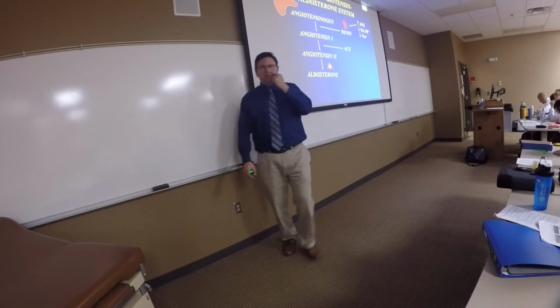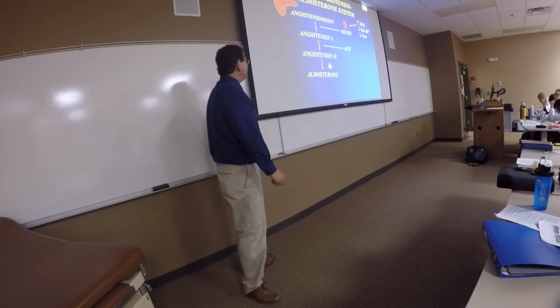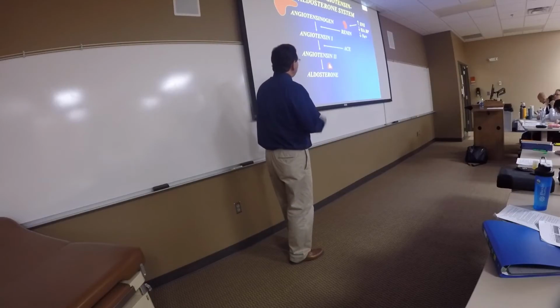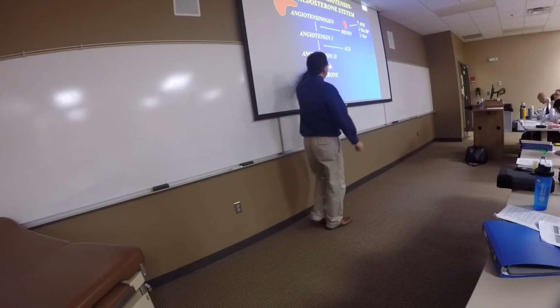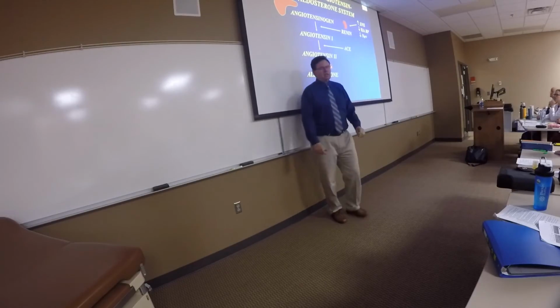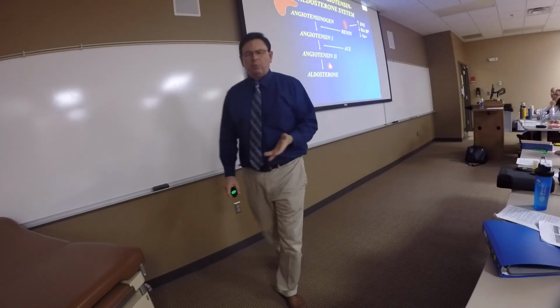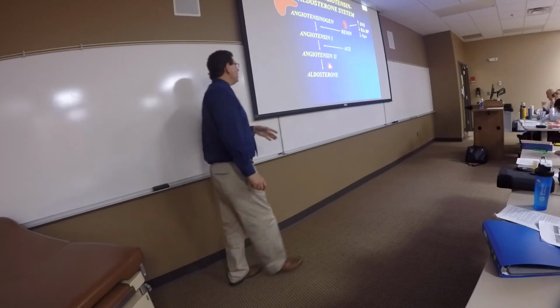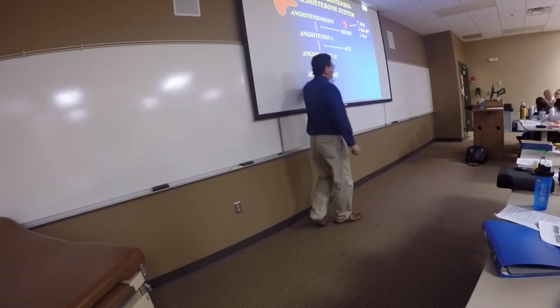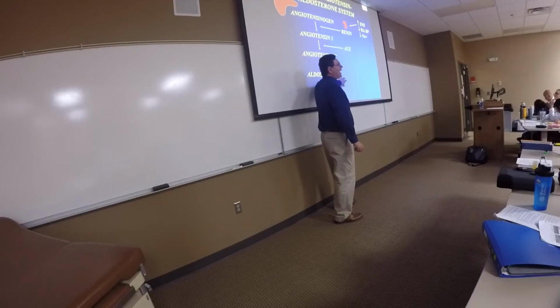Now, I should mention this, and I'll get to it in another slide: it takes a little time to turn on. The angiotensin II vasoconstriction takes minutes, and it's not fully operational for a couple of hours. The aldosterone effect takes hours to start, and it isn't fully operational for days, but it lasts a long time.